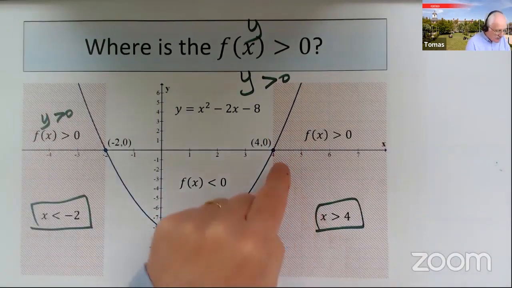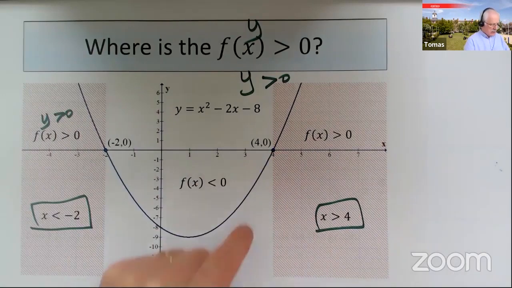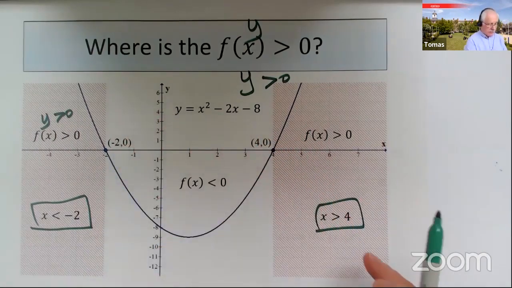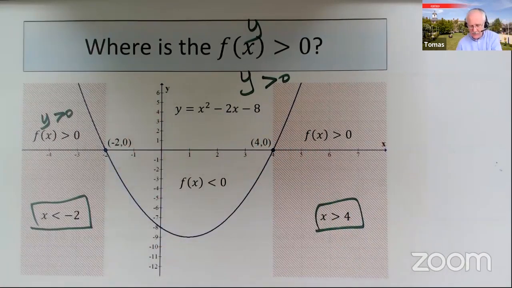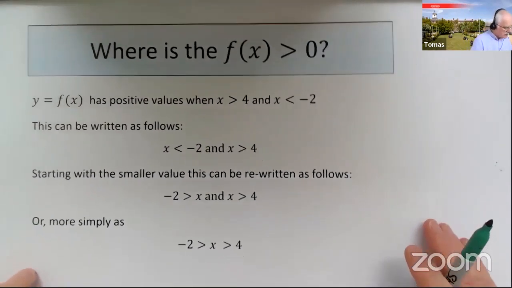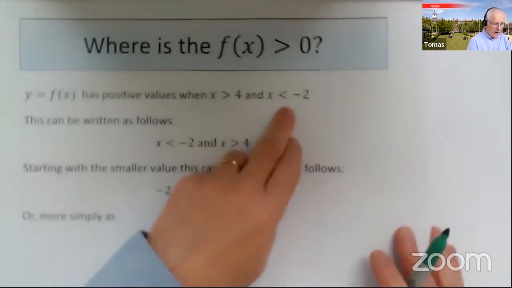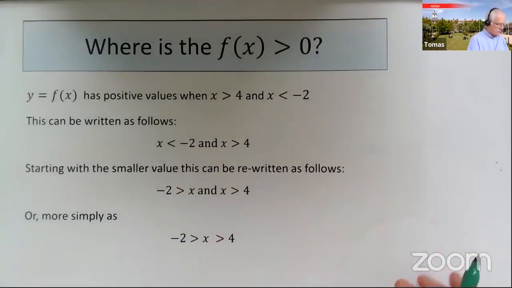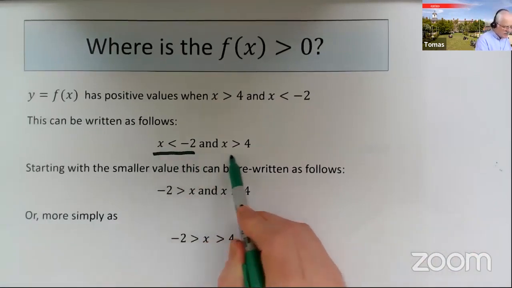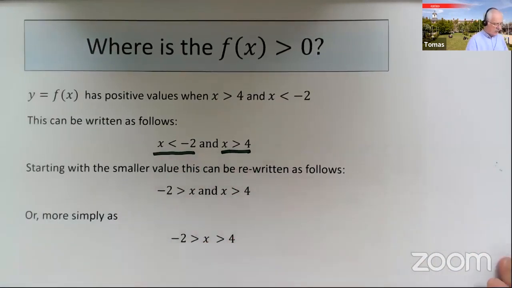Now, when x is equal to 4, we're on the ground. And we're below 4 here, we're underground. But we're above 4, we're above ground. So we can say, anytime when x is greater than 4 or x is less than -2.